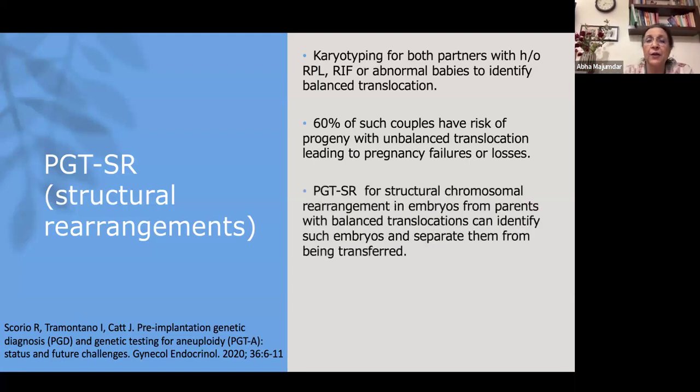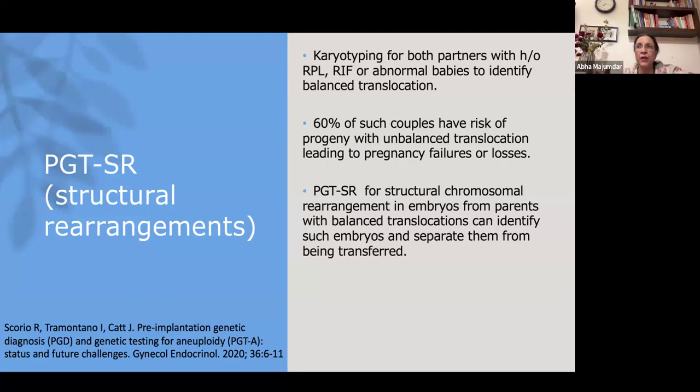How does it happen? PGT-SR is for structural chromosomal rearrangement in the embryos from parents who will always have balanced translocation. That is why they have become normal human beings. A man and woman got married and are producing children. But one piece of chromosome from any one out of the paired chromosomes can break and go and attach on another chromosome.